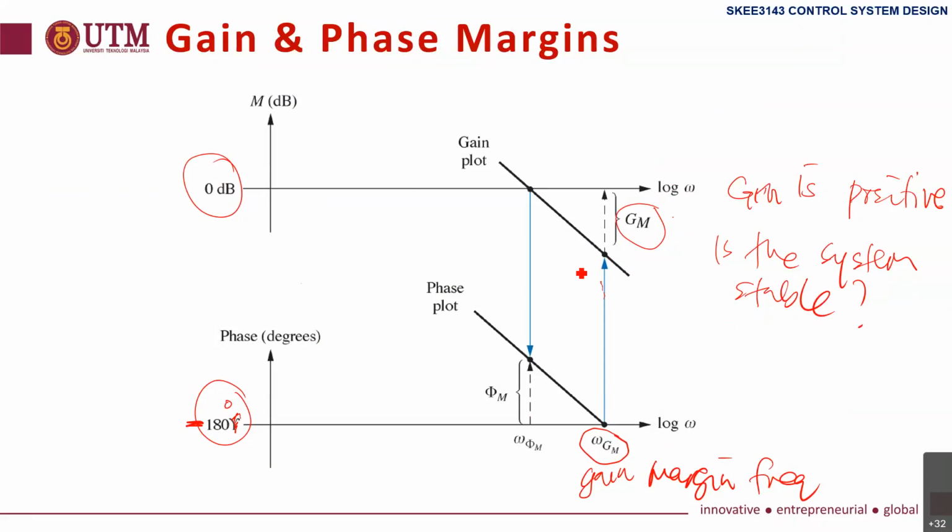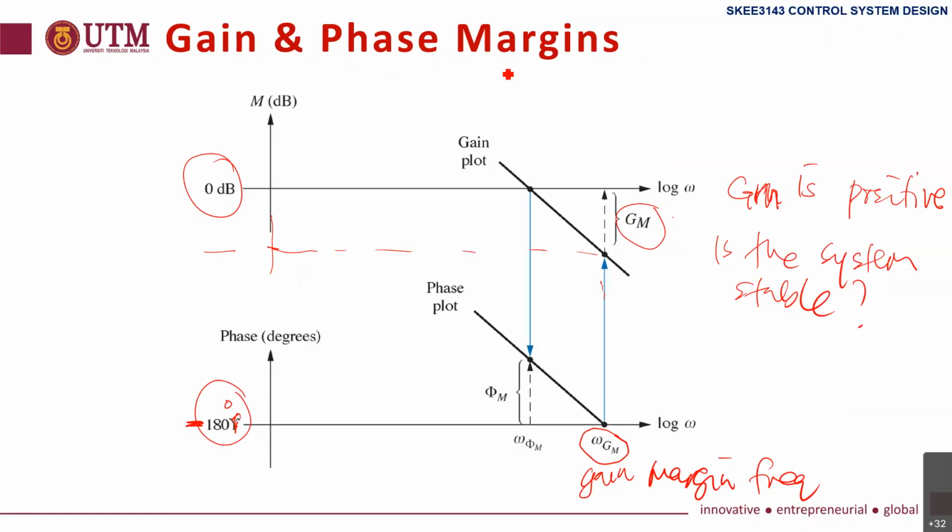Although this value is a negative value, of course, below 0 dB, when we say gain margin here, we say it is positive. Please remember that many students make this mistake. They just give the negative value, let's say negative 20 dB. No, it's 20 dB when the system is stable.